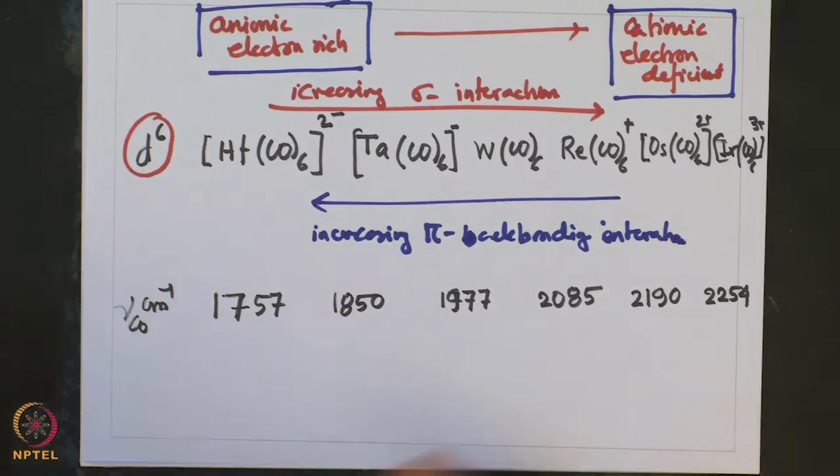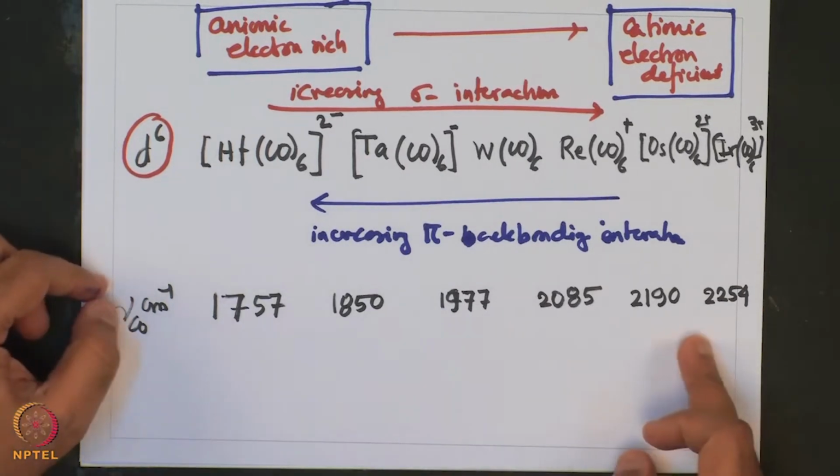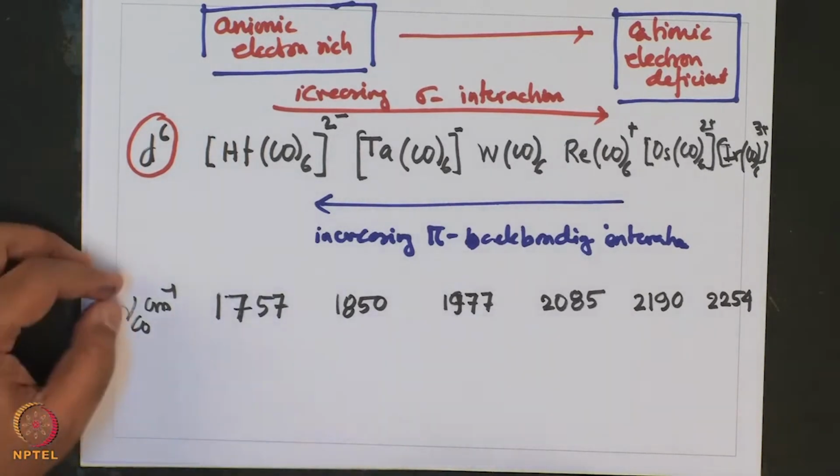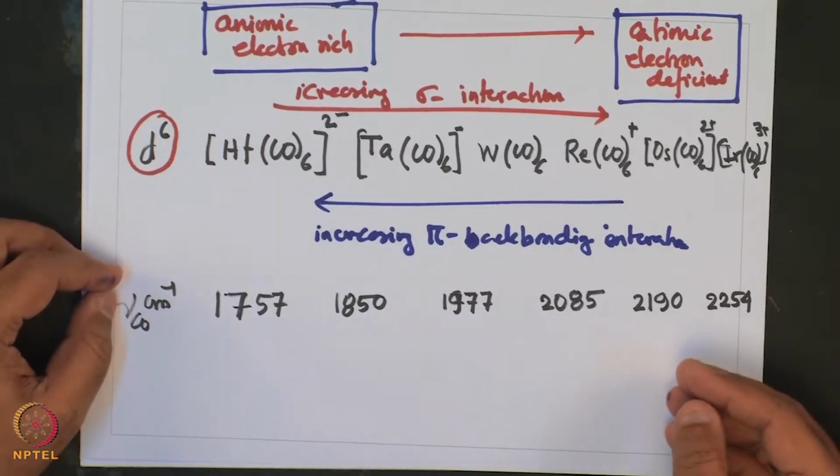So, this is a nice example of how the metal-CO sigma as well as metal-CO pi back interactions that we have studied can be explained. They can be used to explain the variation of CO stretching on going from a very electron rich metal center to a very electron deficient metal center.